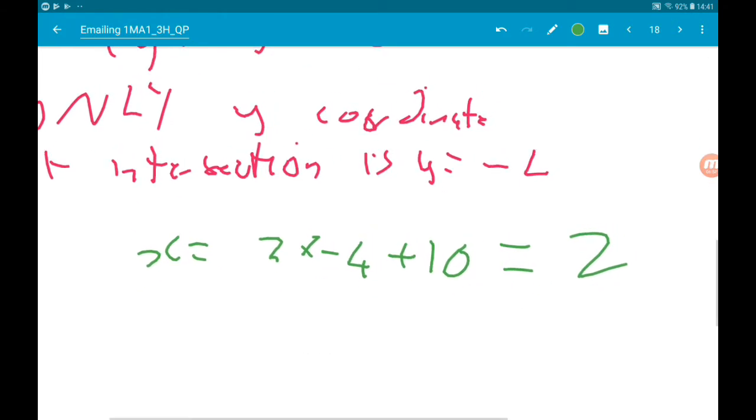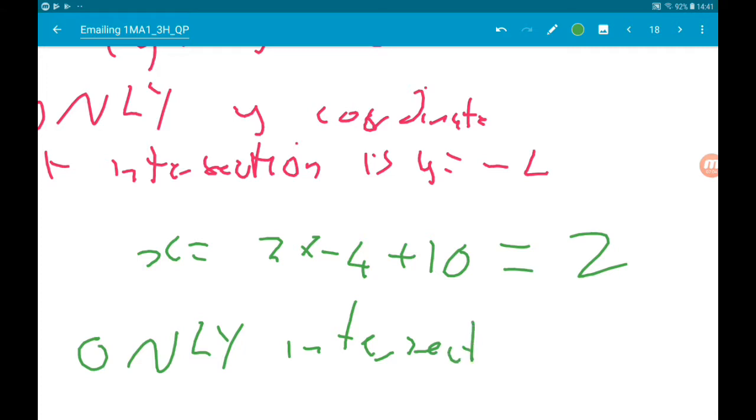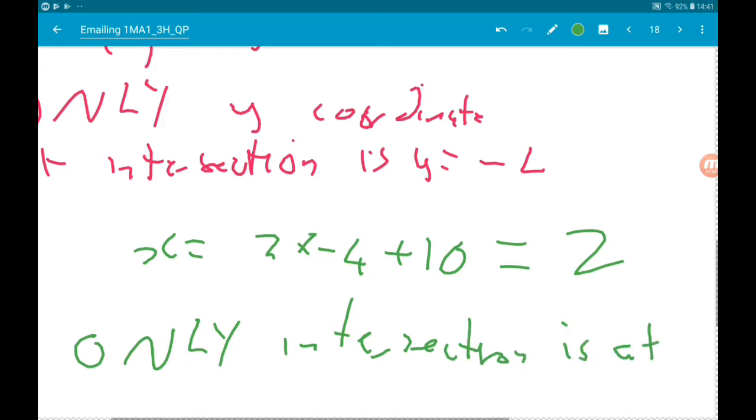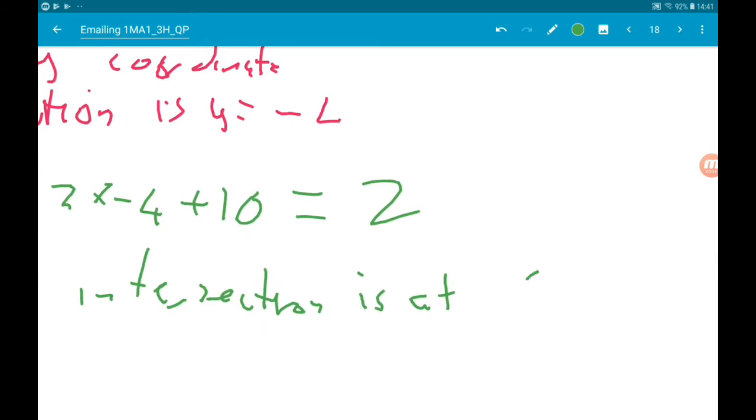So the only intersection point is at (2, minus 4). So again, because there's only one point of intersection, the line is a tangent.